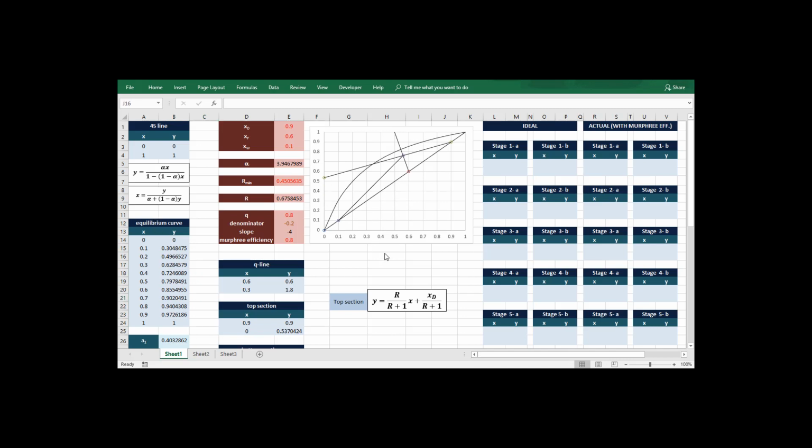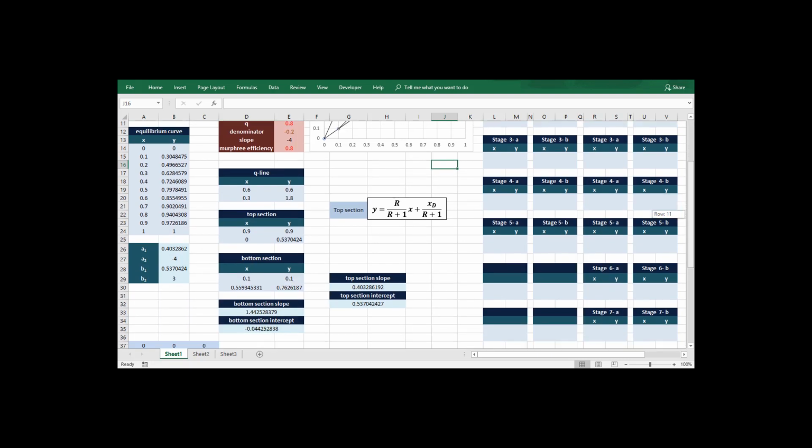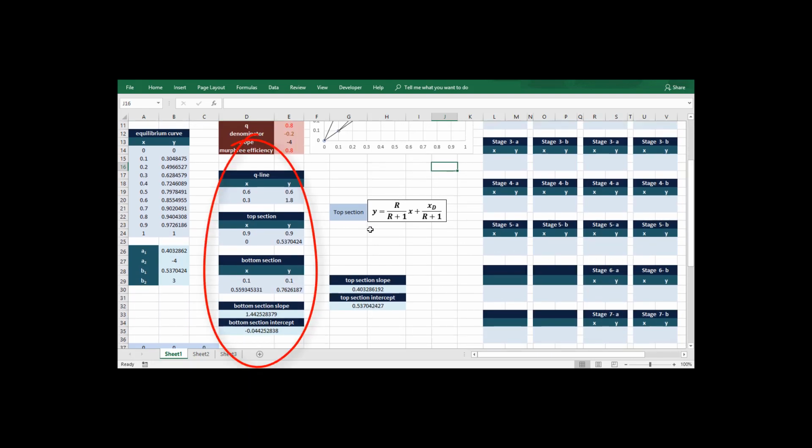Before proceeding further, I will edit the data so that the second value of the Q line and top section will equal the second value of the bottom section. I will also adjust it so Excel will still work even though there is an undefined value.